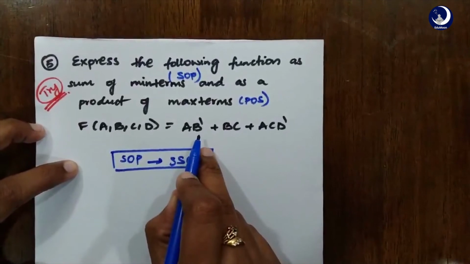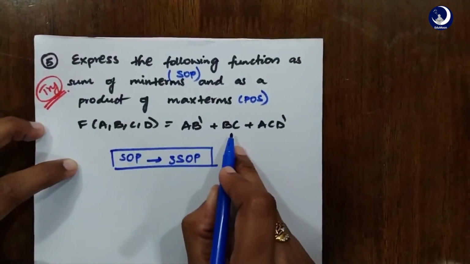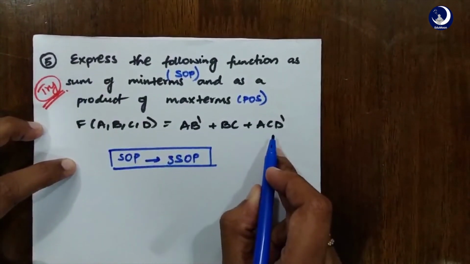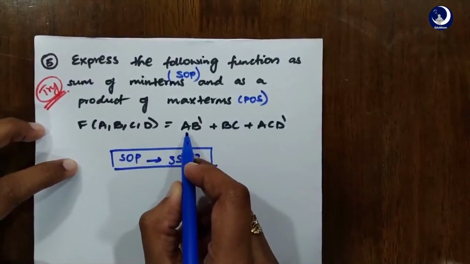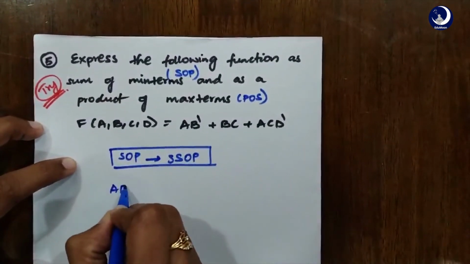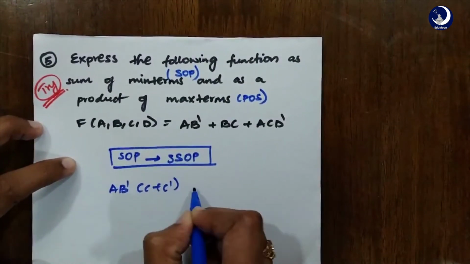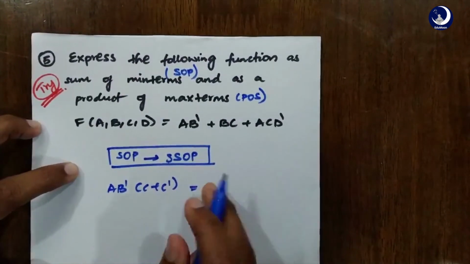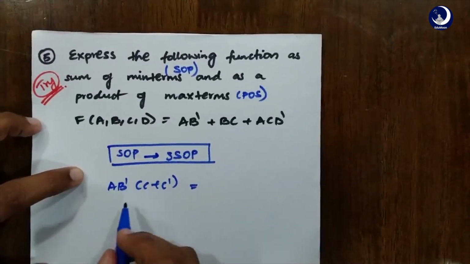In this one C and D terms are missing, in this one A and D terms are missing, and in this one B term is missing. So you just multiply it with that variable and its complement, like A B bar into C plus C bar. First do that, you will get a term, and then those individual terms will again have a D value missing.